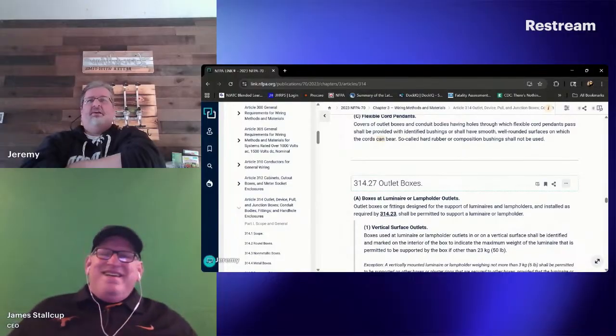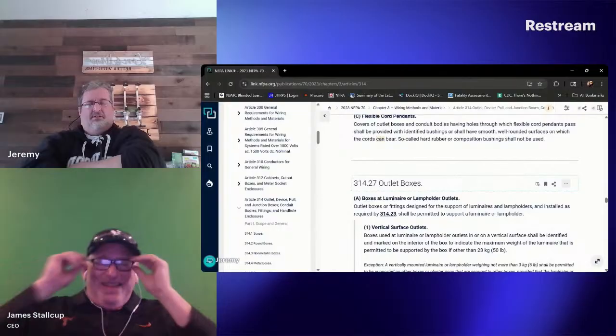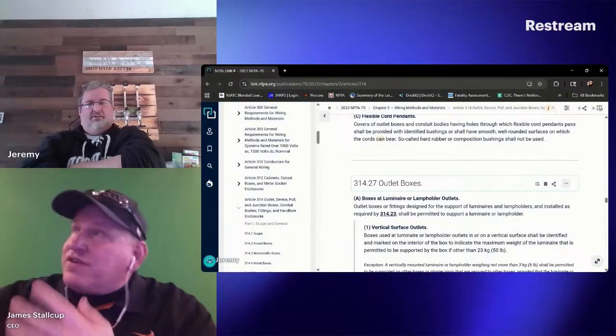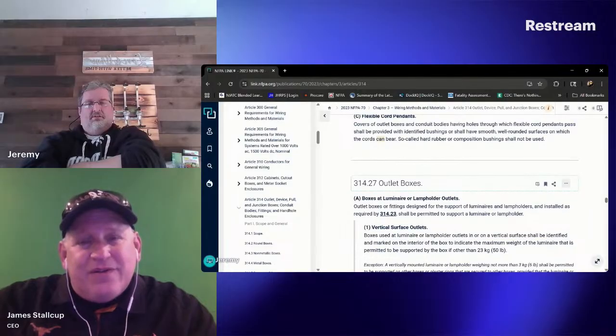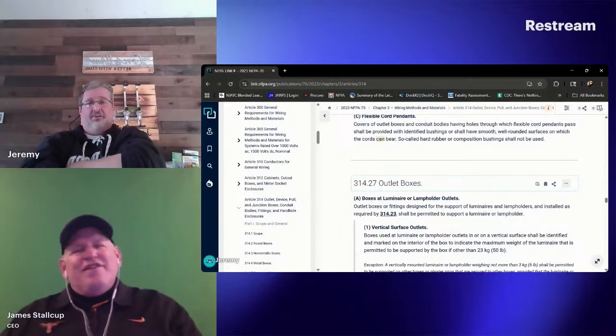So if I run number 12s to the light, those aren't branch circuit conductors? If I know what the load is in that room and I don't need anything more than a 14, why the hell would I put a number 12 on there? Just to make it easy, because a lot of trucks are going to be carrying around a lot of 14.